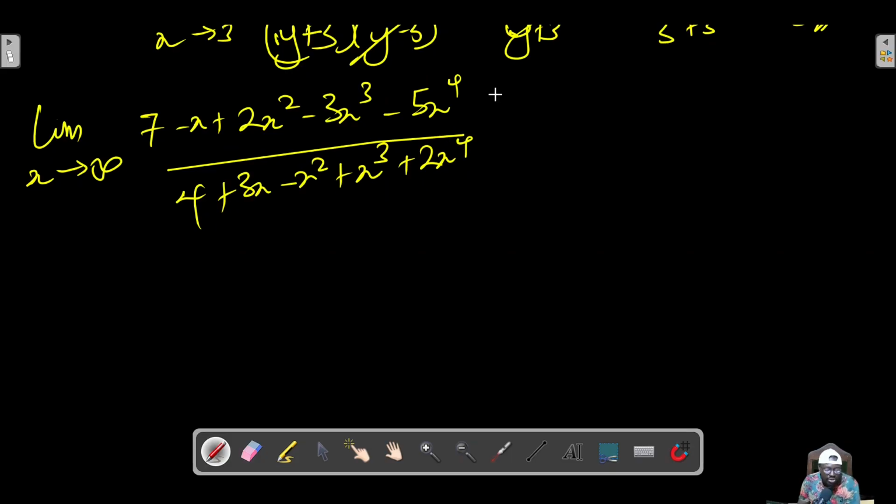Now there are two ways of evaluating a limit to infinity. After doing a direct substitution, you end up with infinity over infinity. This is also an indeterminate form of limit, right?